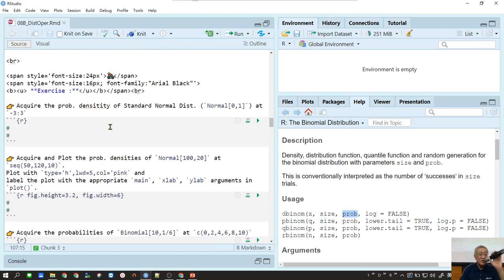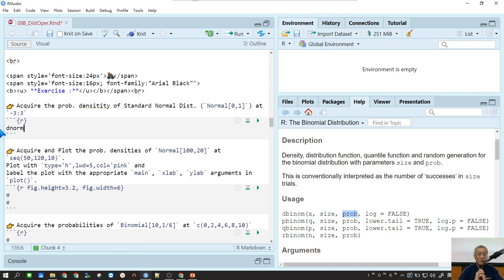So the first thing is to acquire the probability density of the standard normal, from -3 to 3, okay? Because we are going to find density, we call dnorm, right?